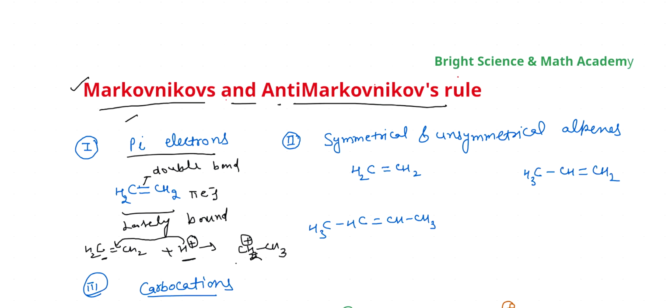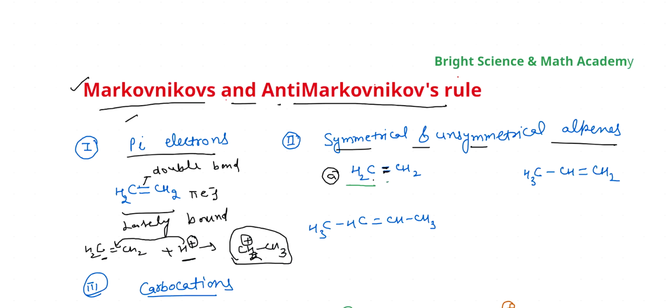Clear? Secondly, symmetrical and unsymmetrical alkenes. Look at the first example. It contains two carbons and there is a pi bond between these two carbons. Just look at the number of carbons at the left side of the double bond and the right side of the double bond.